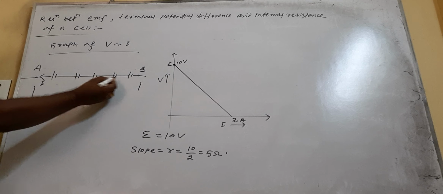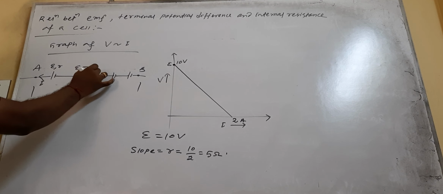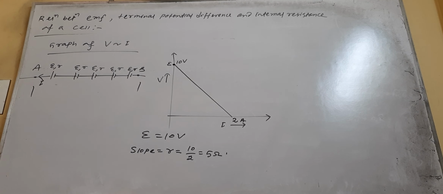These 5 cells are identical. Identical means EMF and internal resistance are the same. The question asked is, what is the EMF of each cell and the internal resistance of each cell?